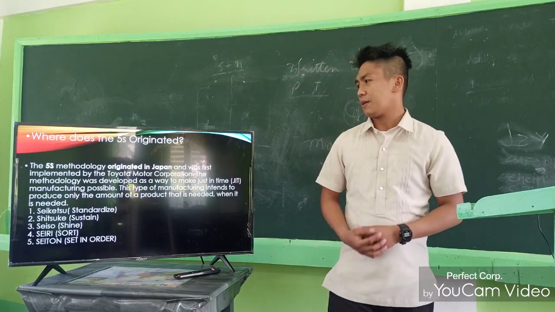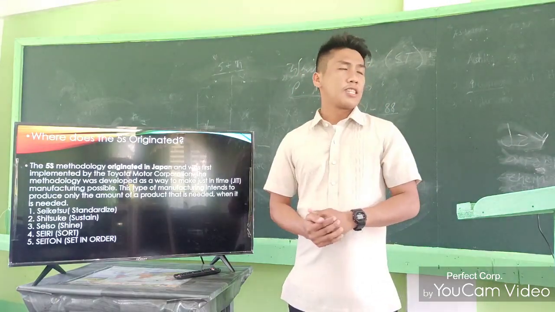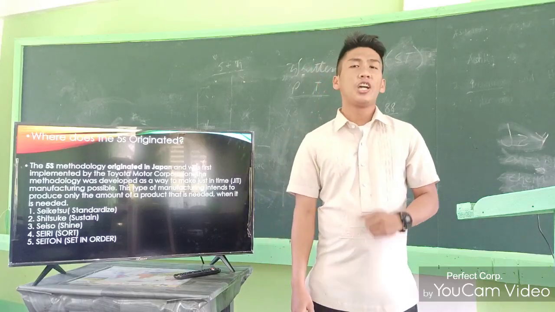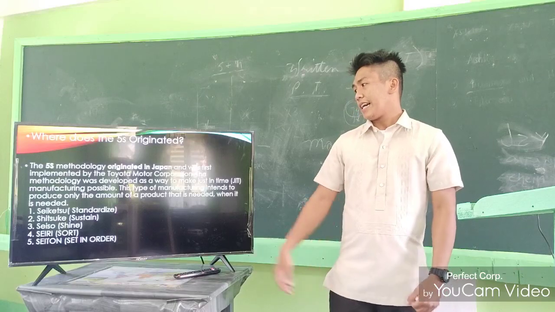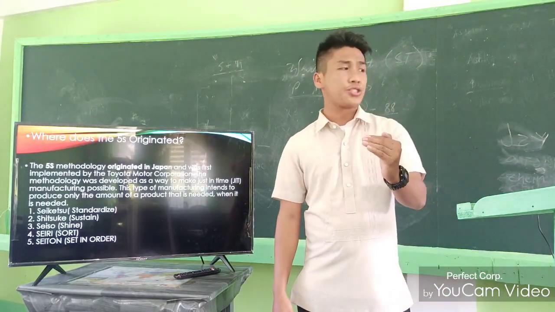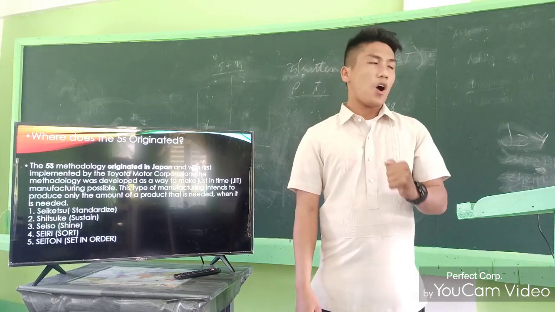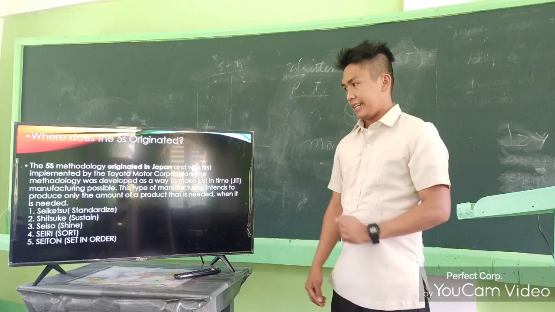The methodology was developed as a way to make just-in-time manufacturing possible. This type of manufacturing intends to produce only the amount of product that is needed when it is needed.